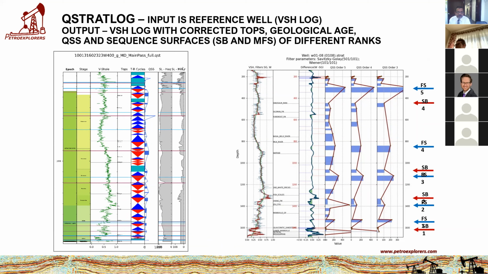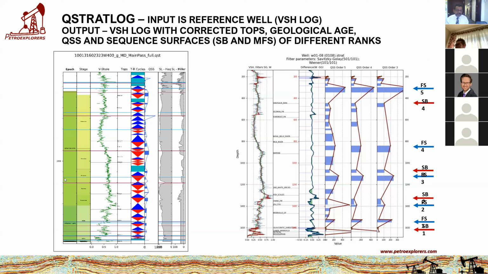In this case, we just put in the Miller sea level, but you can build your own sea level curve by looking at the geomorphological features. So you can build the sea level for certain formations. And of course, literature helps, and qStrat and various other core information comes in to define the next sequence, as well as transgressive-regressive cycles, which can be picked on the log or generated automatically from the QSS patterns.